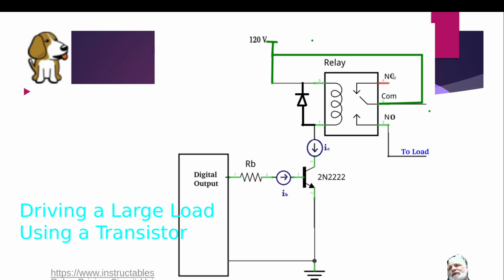So we have two different connections here. We have what we call a normally open connection and a normally closed connection. When we put a high out, we turn on this transistor, and that applies power to the normally open connection, and it would go to the load.